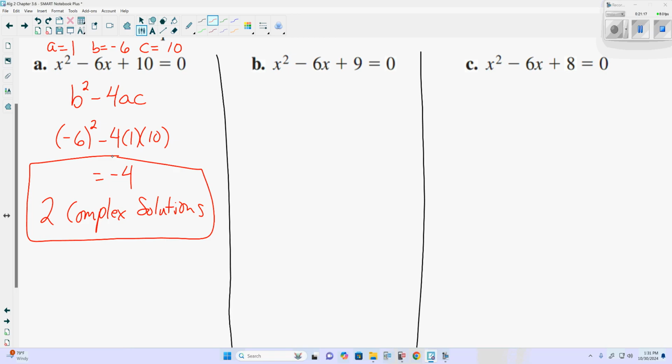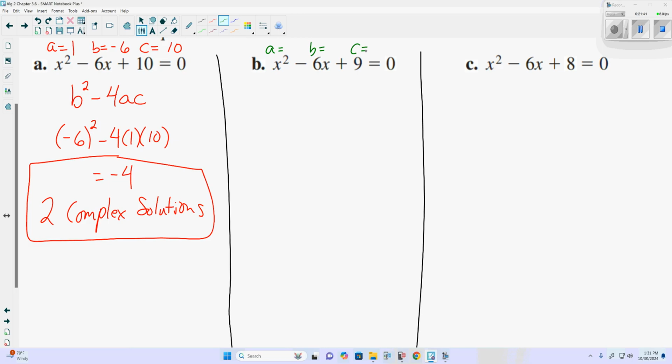Did we find the number of solutions that we have? Yeah, we have 2. What type are they? Complex. That's it. Questions on this here before we move on to the next one? We feel good about this here.